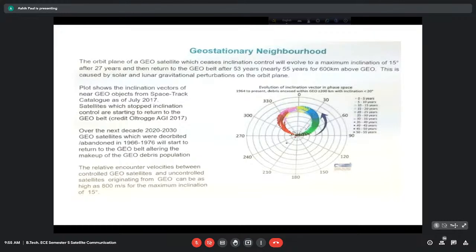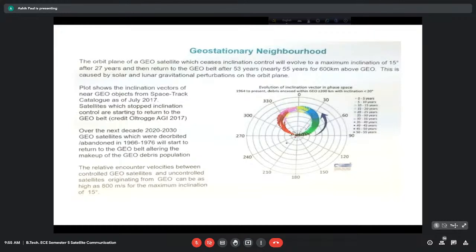which have stopped operation, whose active lifetime has expired, have not disintegrated. Usually satellites do not disintegrate. There are some military satellites which are deliberately or intentionally destroyed by the country which has launched them, so that the military information does not get into the hands of other countries.